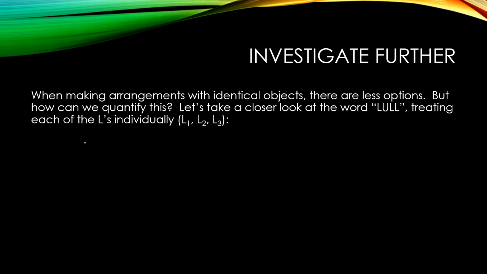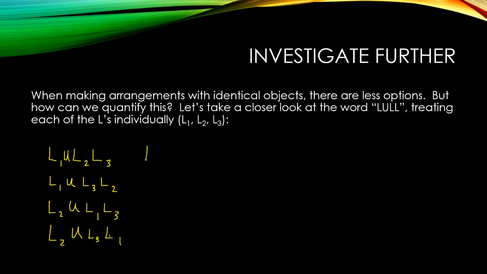So again, looking more at lull specifically. Let's just squeeze that U in there. So if you label the L's individually, there's 6 different ways that you can arrange those L's so that it gives the same word. So L1 then U, and then switch the L2 and L3 order, or you can have L1 and L3 at the end, and you can switch their order around.